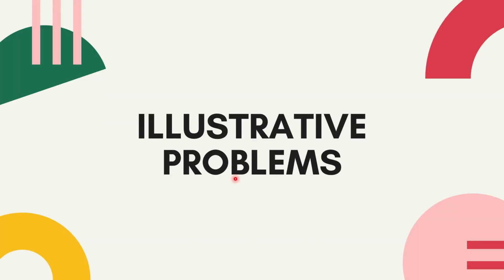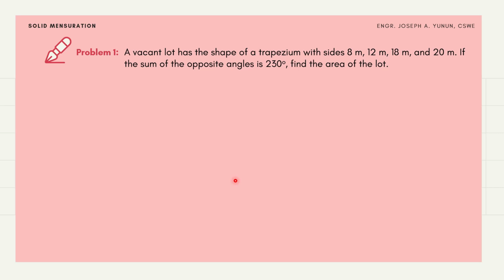Some problems about quadrilaterals. So problem 1. A vacant lot has the shape of a trapezium with sides 8 meters, 12 meters, 18 meters, and 20 meters. So if the sum of the opposite angles is 230 degrees, find the area of the lot.